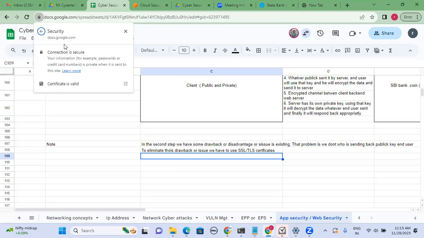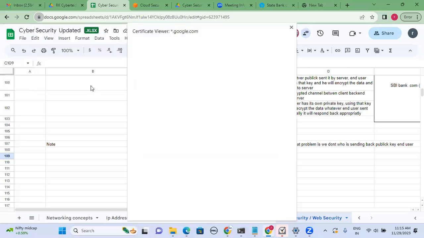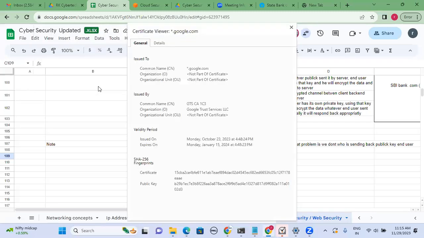Now here, click on this one. Now you can see the certificate is valid. So in this certificate, what is the domain name or common name? Google.com. Is it a fake domain or the original domain? This is the original domain. So did the attacker send it or did Google send it directly to me? Google sent it to you.